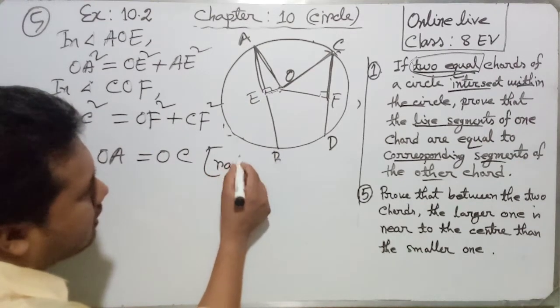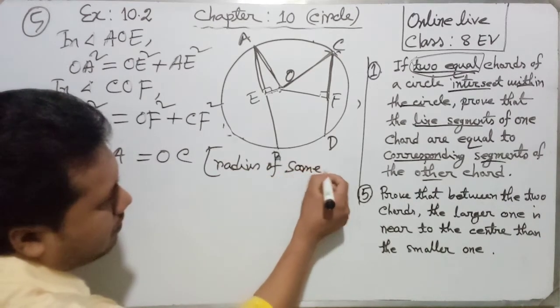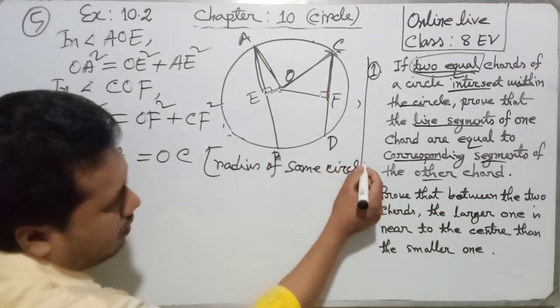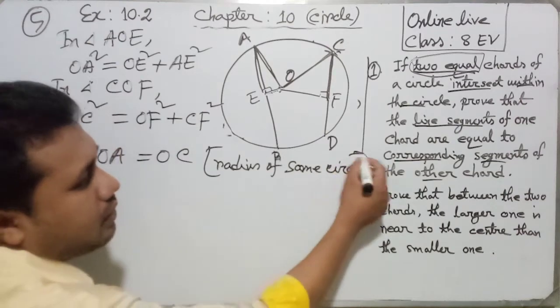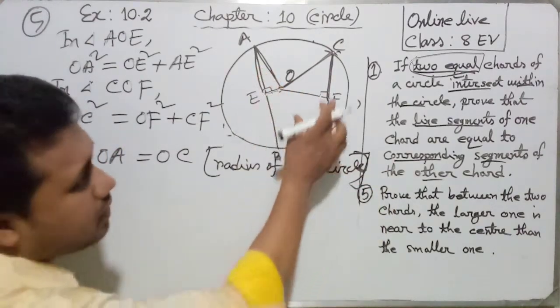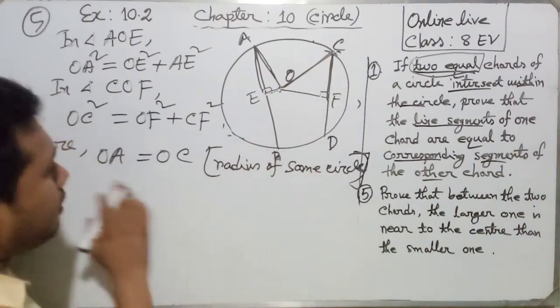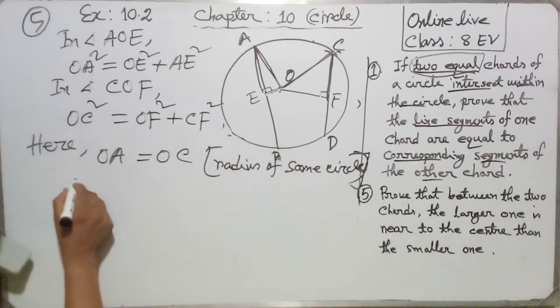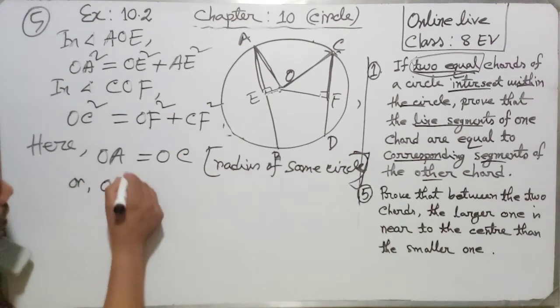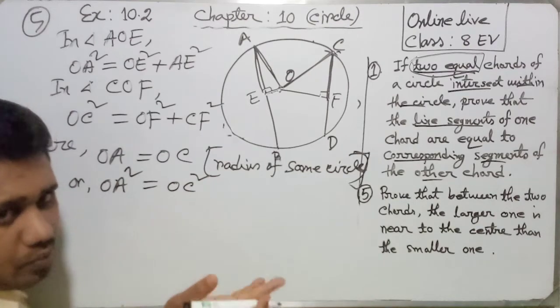Because they are radii of the same circle. So here OA and OC will be the same. If OA is 5 cm, then OC will also be 5 cm because they are radii of the same circle. So we can write OA equals OC, or OA square equals OC square. If we square both sides, no problem.